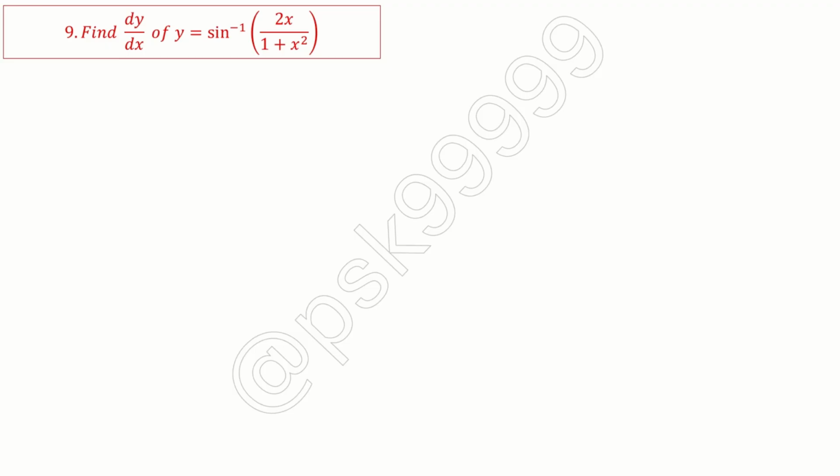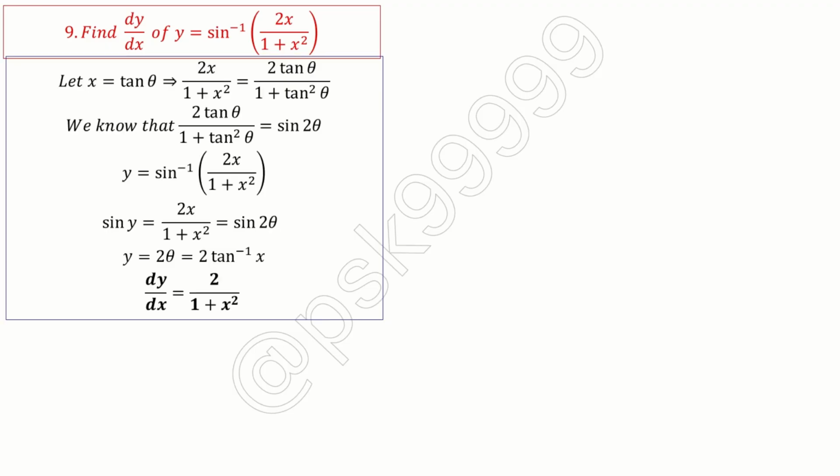So let's take x equal to tan theta, then 2x by 1 plus x square is nothing but 2 tan theta by 1 plus tan square theta, and that is nothing but sine 2 theta. So my y is nothing but sine inverse of this value, so sine y equal to sine 2 theta. This means y equal to 2 theta. Theta is nothing but tan inverse of x. So y equal to 2 tan inverse of x.